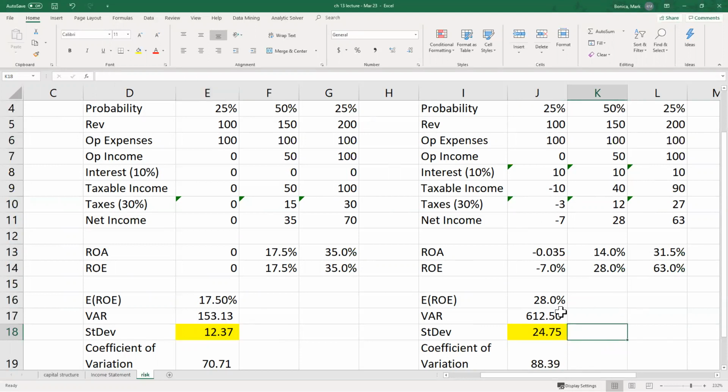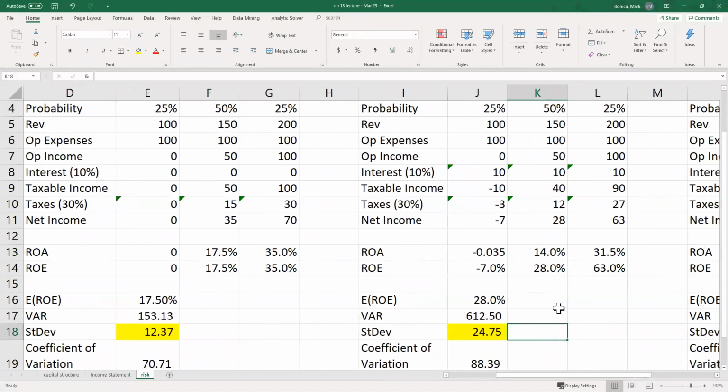So the operational risk could be measured at 12.37. The total risk, and that would also be the total risk. So the operational risk is equal to the total risk when you have a firm with 100% equity financing.